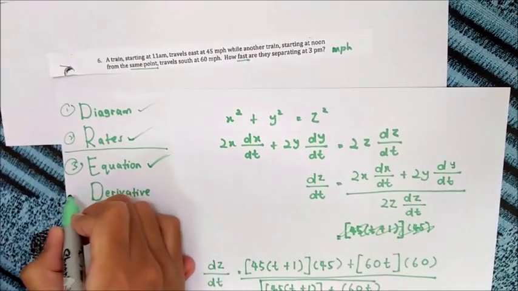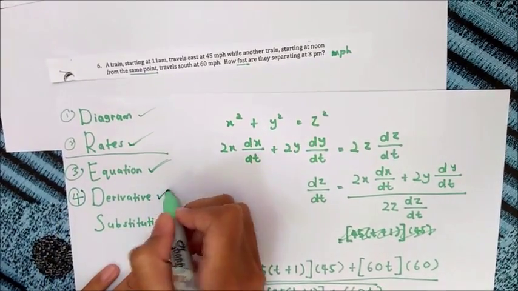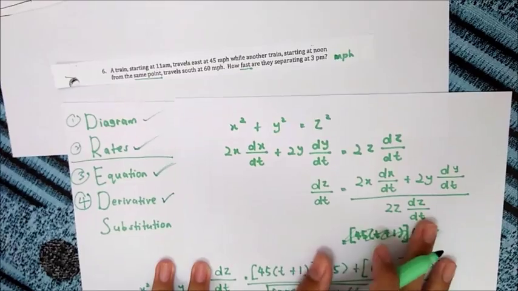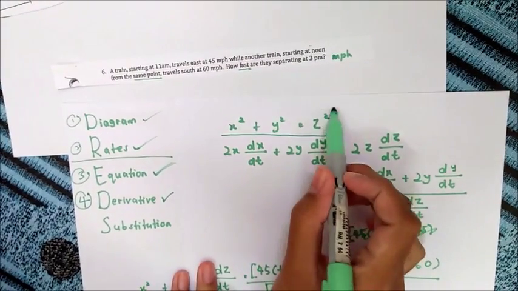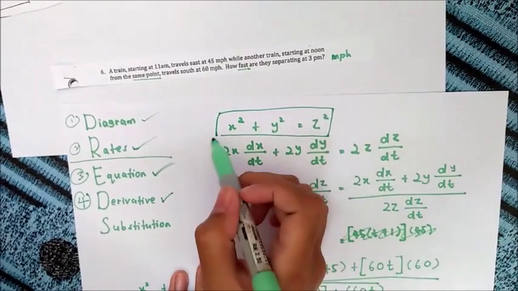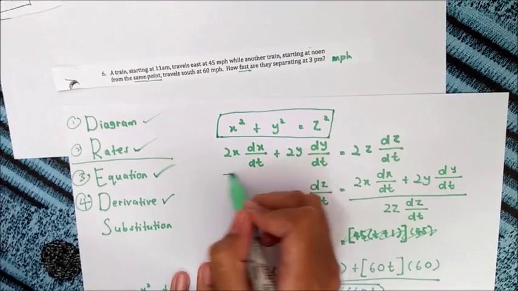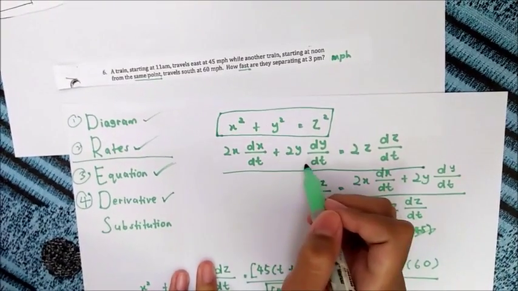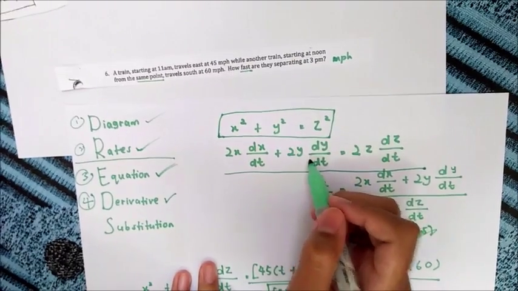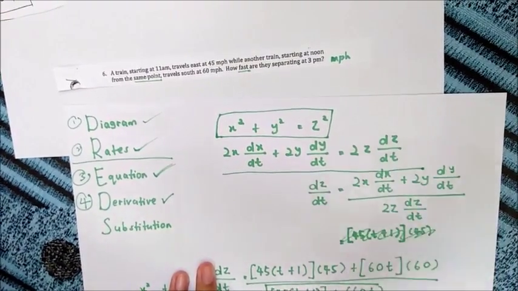And then we must know the derivative for the fourth step. The derivative is when you differentiate this equation. So when you differentiate this equation, this is what you will get: 2x dx over dt plus 2y dy over dt is equal to 2z dz over dt.